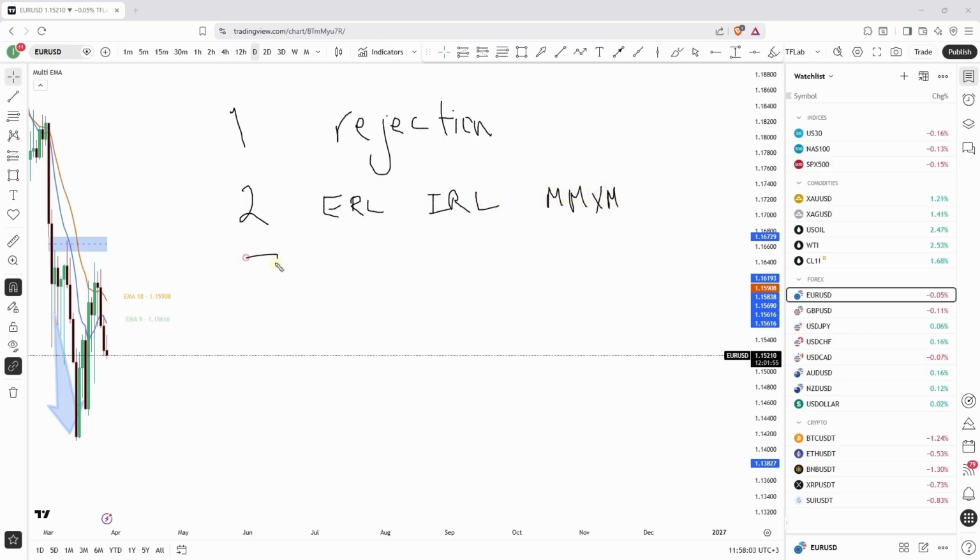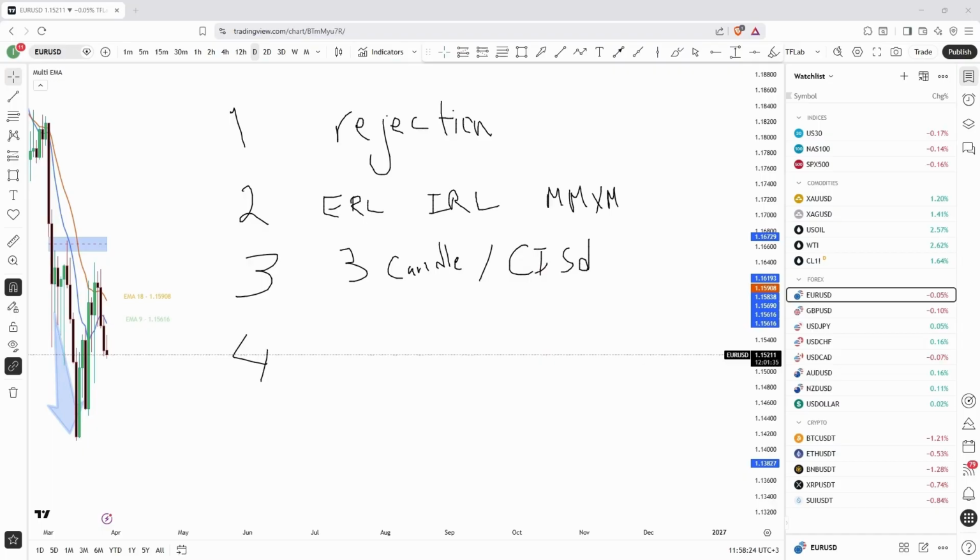Moving forward, our third method focused on the detailed study of candlestick patterns. Additionally, we examined the change in state of delivery, or CISD, which we have already reviewed together. Now, let's transition into discussing our fourth method.